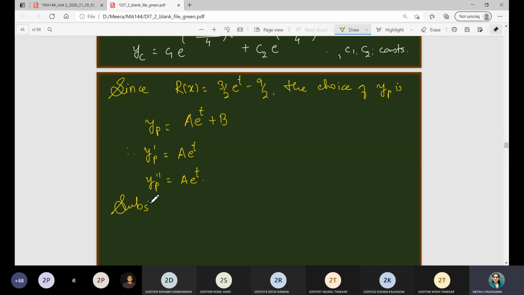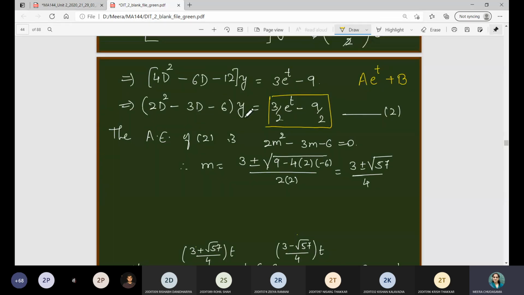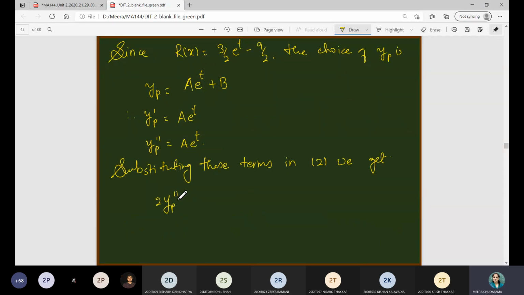So substituting these terms in 2, we get, so 2 means on the left hand side, instead of y put yp, so it will become 2 yp double dash minus 3 yp dash minus 6 yp is equal to 3 by 2 e raised to t minus 9 by 2. Anyone has obtained the value of a and b?